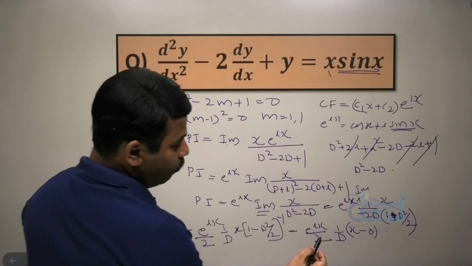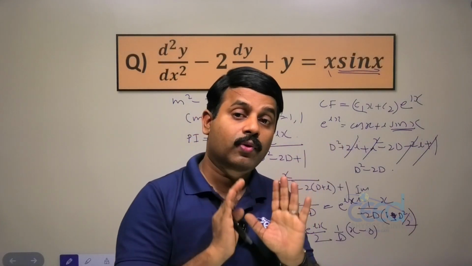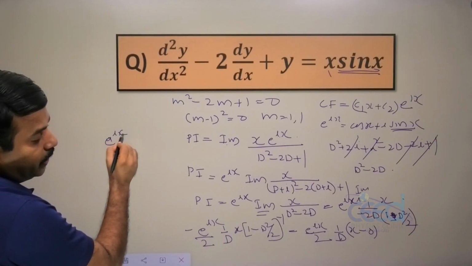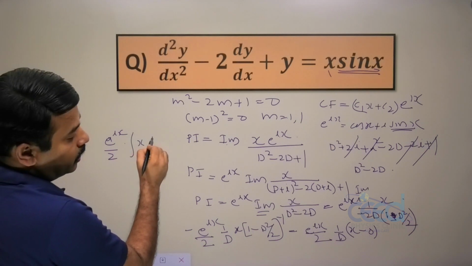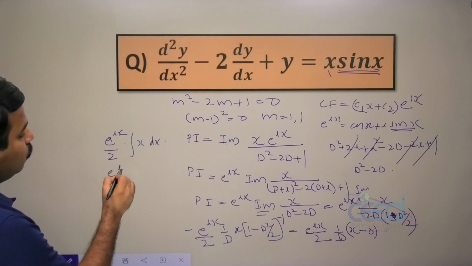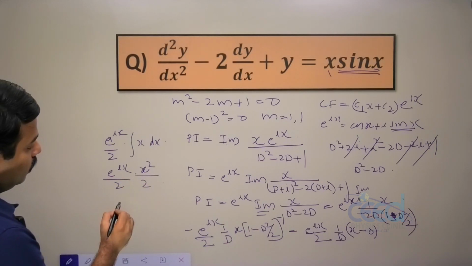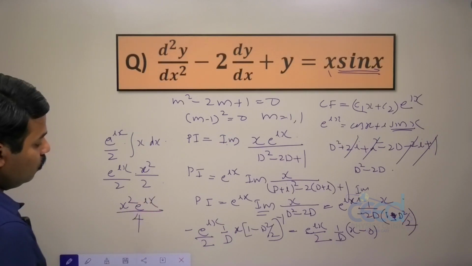Now 1 by d means differential inverse, which is integration. So e raised to ix divided by 2 into the integral of x dx, which is x square by 2, giving x square e raised to ix divided by 4.